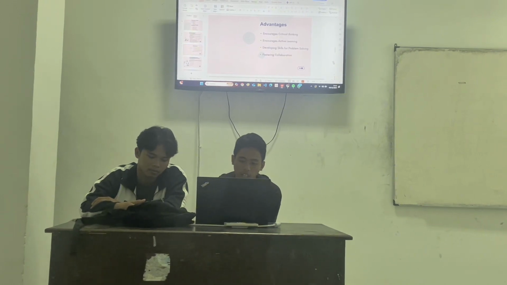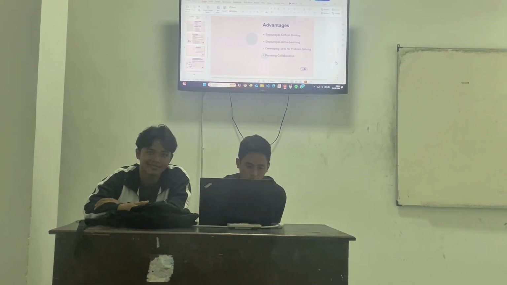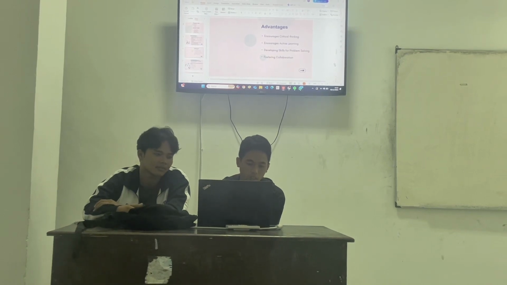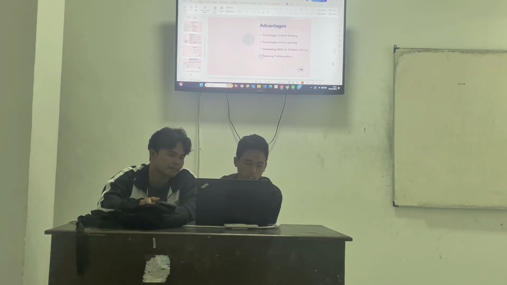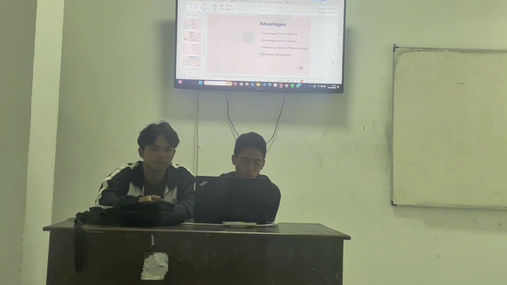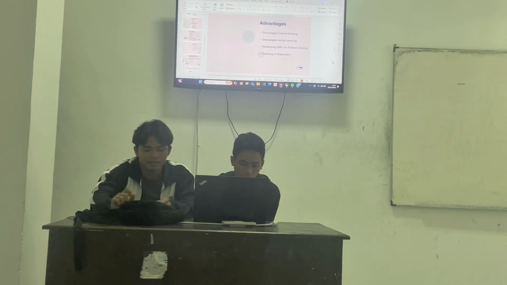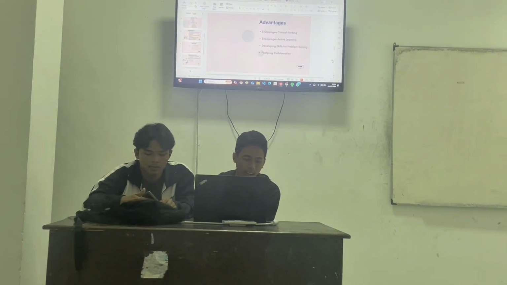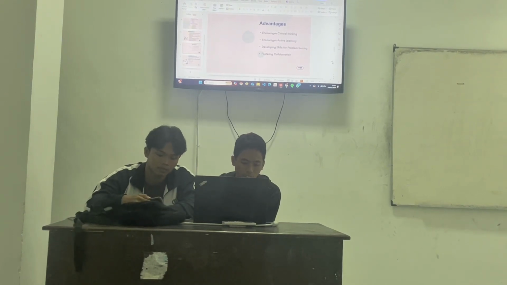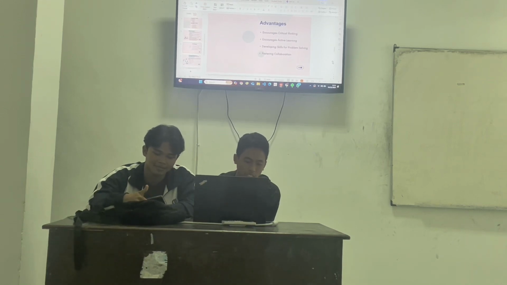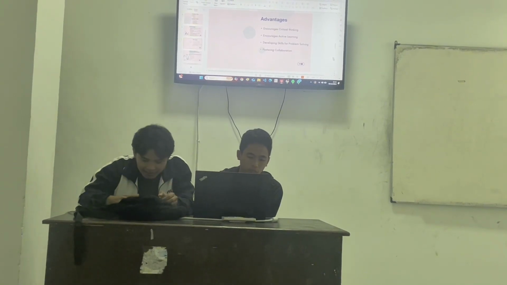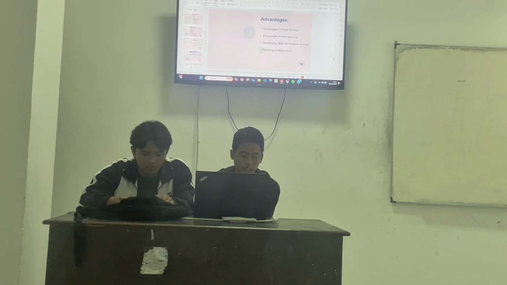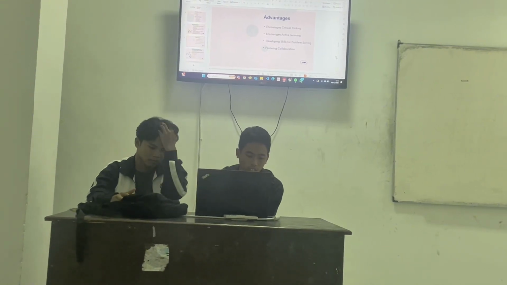And number 3 is developing skills for problem solving. Here students learn how to think on their feet by getting used to using a systematic approach to identify, analyze, and solve problems. This process involves collecting data, making hypotheses, and evaluating them to find the right solution. Fourth is fostering collaboration.